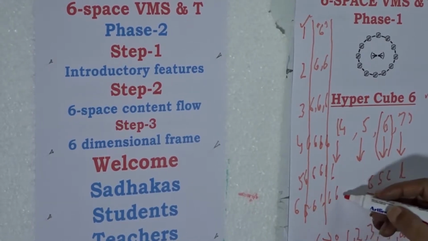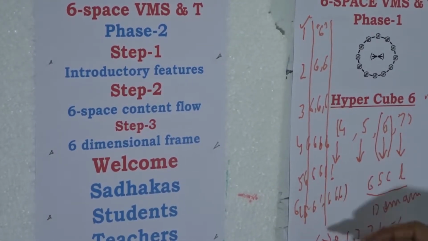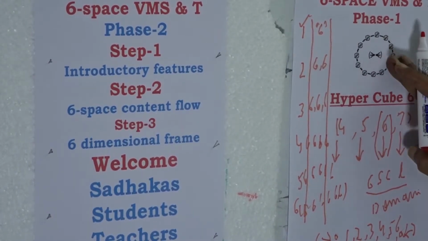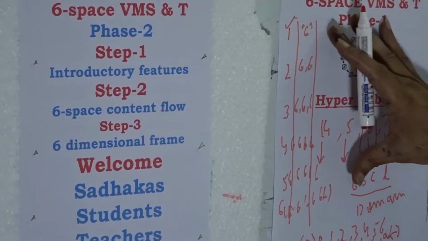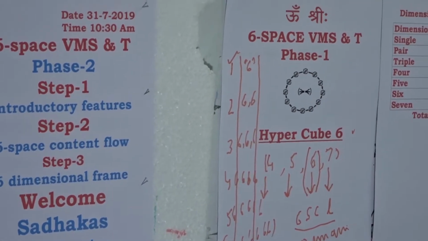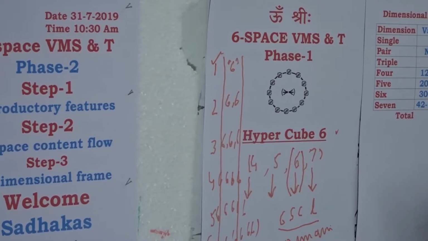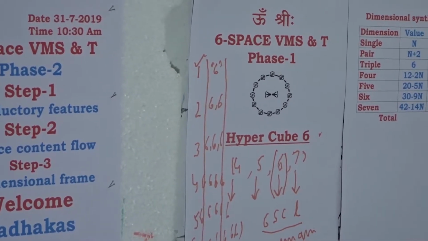It is this manifestation within 6-space domain as a 6-space content lump sequentially organizing itself as a 6-space content manifestation of an interval.